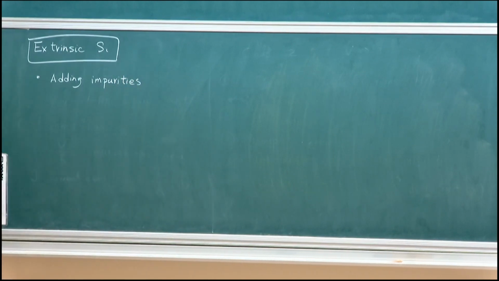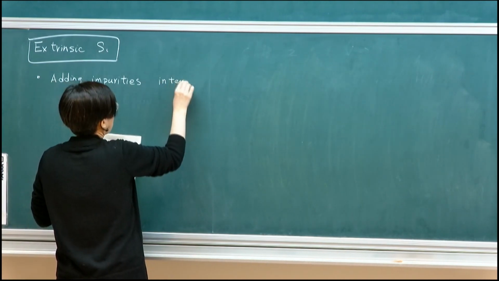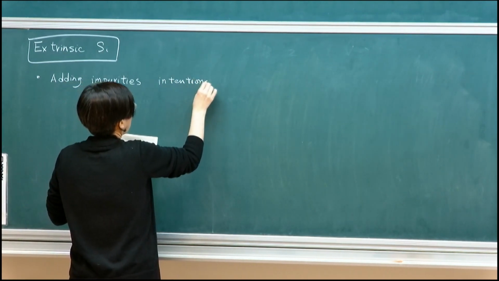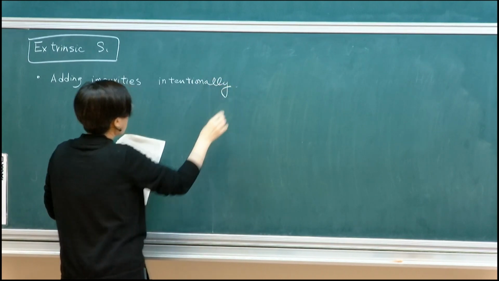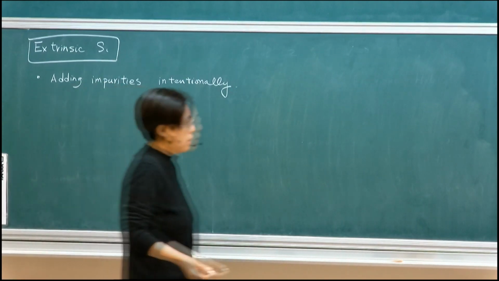One is the impurity that remains when, during the purification process, you cannot get rid of all the impurities. But then, what if I add impurity intentionally? This is deliberately adding, and then you want to find your friends.